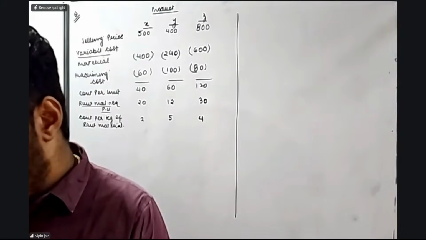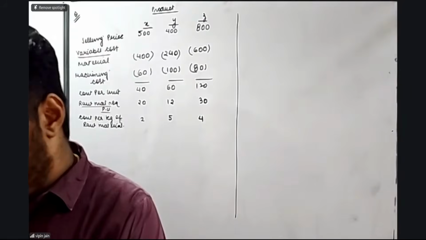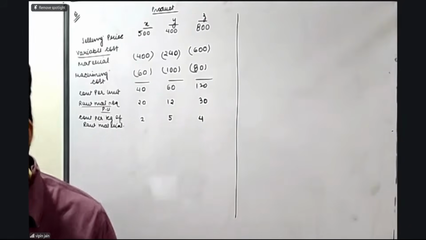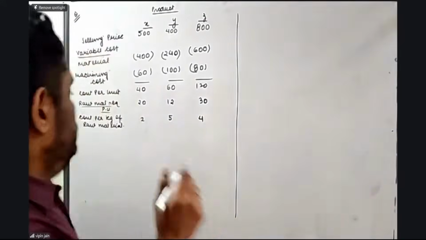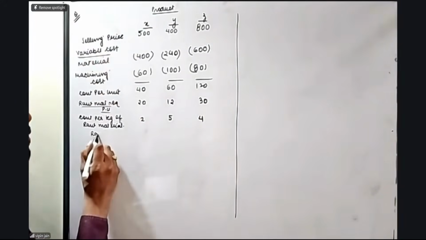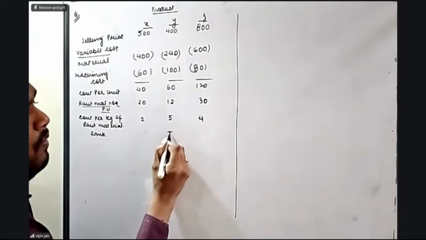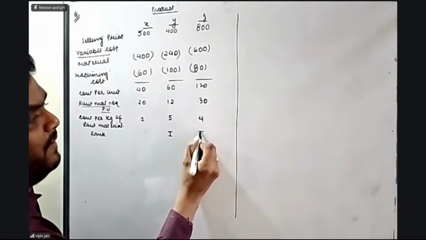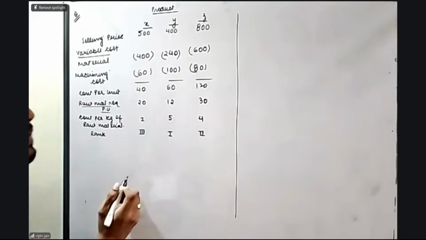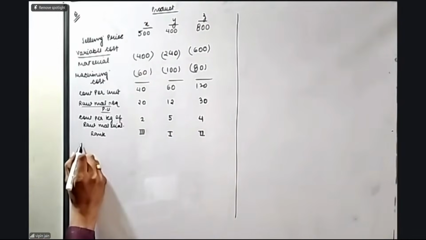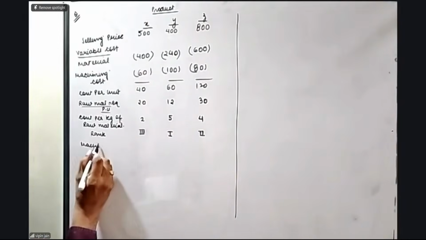I think a few more students posted the answer. Very good, Anil, Kambira, Visual, Nikunj. So first priority will be given to Y, second will be given to Z, and third will be given to X. Now let's say machine hours are my key factor.